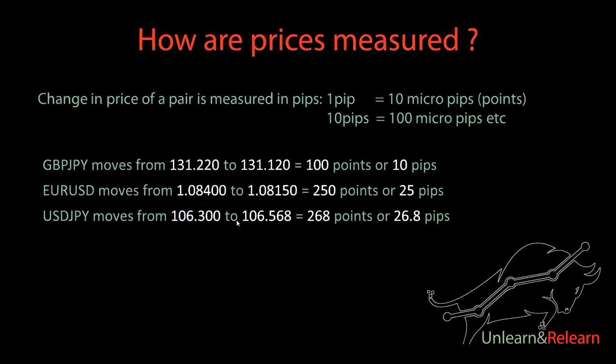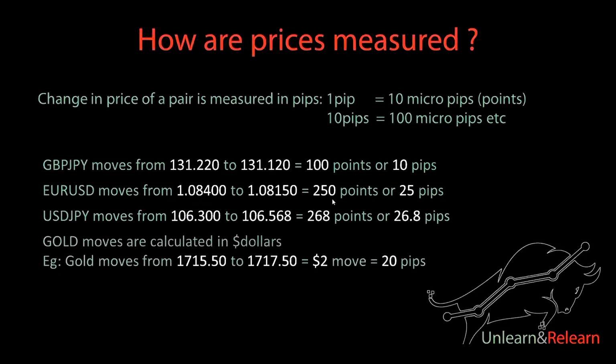When you subtract these two prices, you get 268 points or 268 micropips, which is 26.8 pips. We're always measuring price in terms of pips, because when we calculate pips in lots, we get our dollar outcome, which we'll talk about later. First, I want to focus on how you calculate pips.